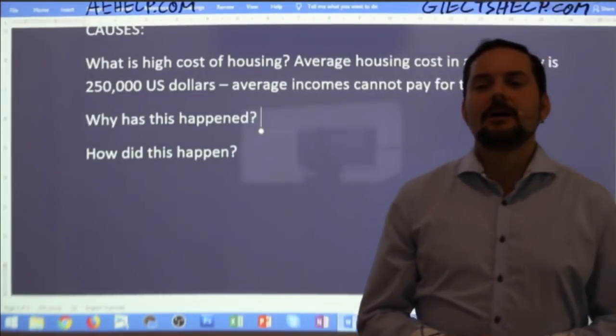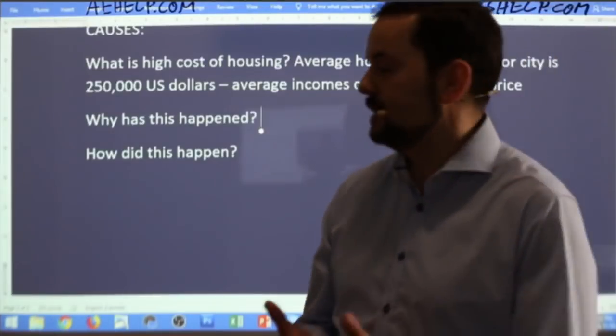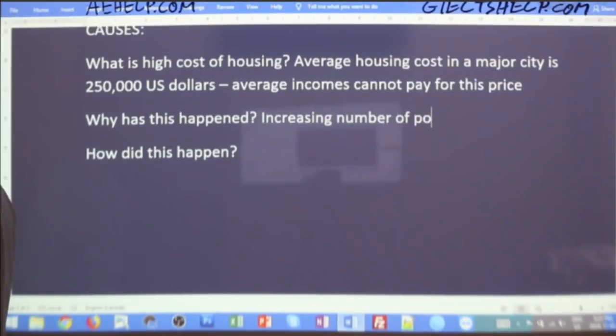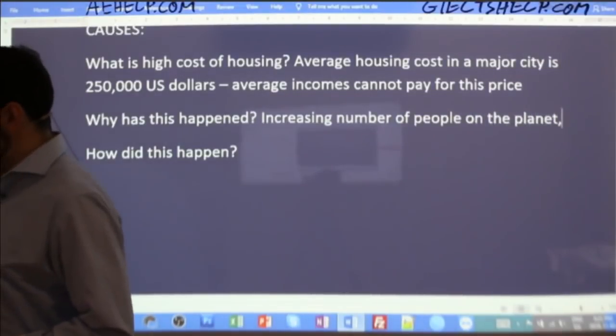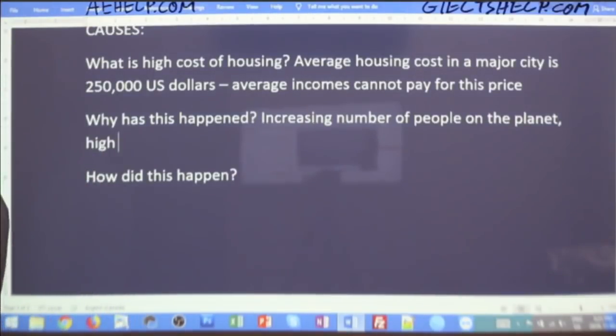Okay, so Manisha says one of the reasons is there's an increasing number of people on our planet. Yeah, so increasing number of people on the planet. Okay. Is there any other reason? So there's a lot of people, high demand, right? That means there's a high demand for housing. Sure. Okay.